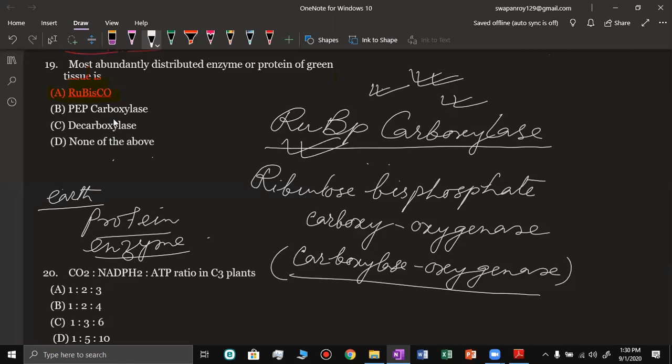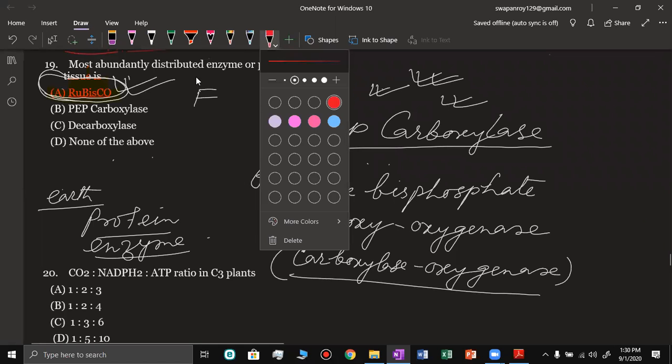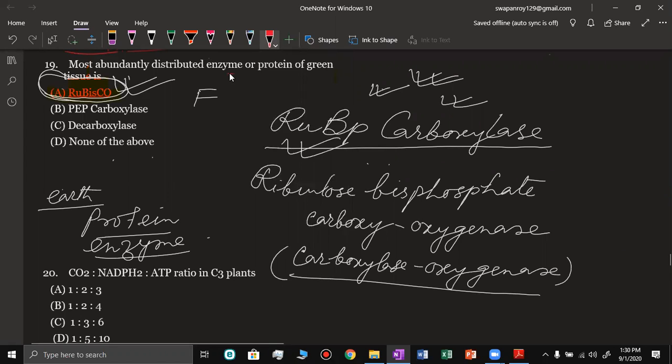This Rubisco is the enzyme for the synthesis of food, the reduction of carbon dioxide. That's why its amount is also very high. So this is the most abundant enzyme on this earth.